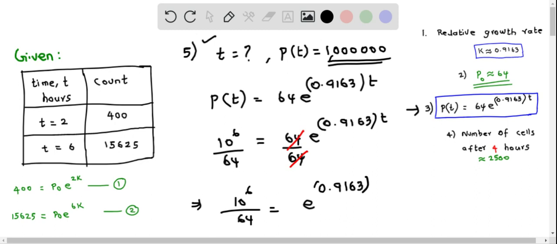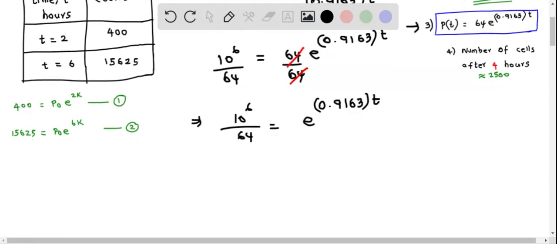To determine the value of t, we have to take a logarithm on both sides. So let me take a natural logarithm on both sides.